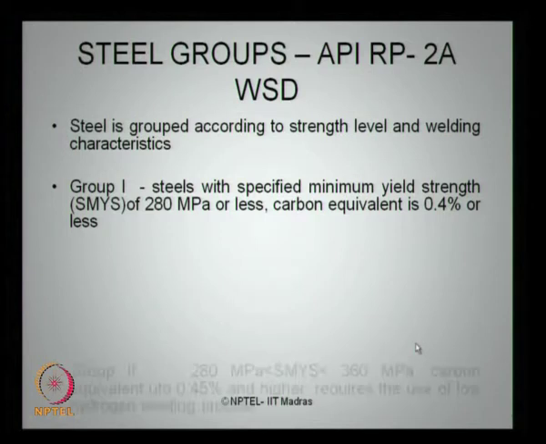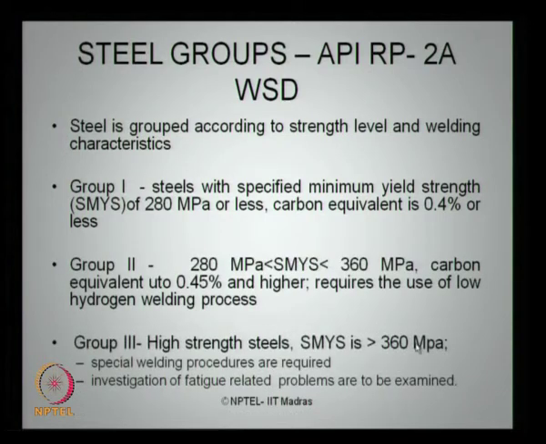It groups steel into group 1, group 2 and group 3. Group 1 are steels with specific minimum yield strength, SMYS, of 280 megapascal or lesser and carbon equivalency of 0.4% or lesser, because carbon equivalency guides the weldability of any steel.